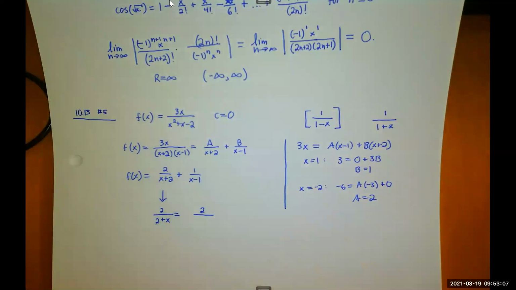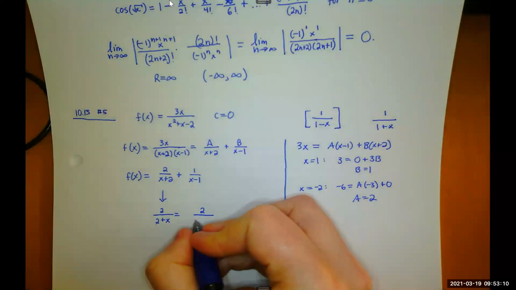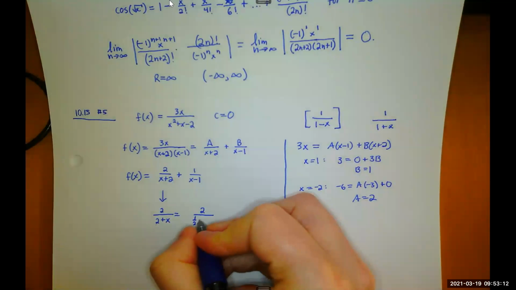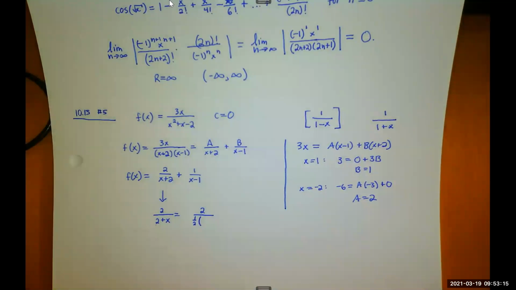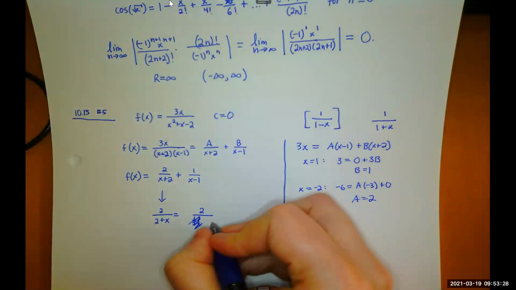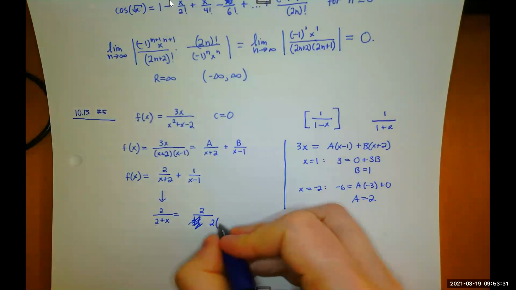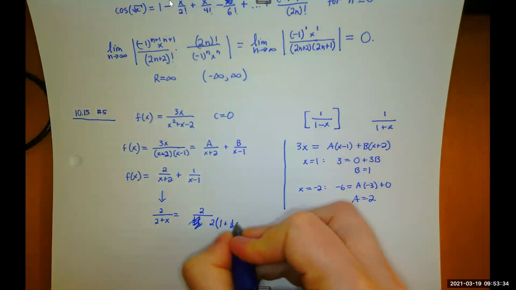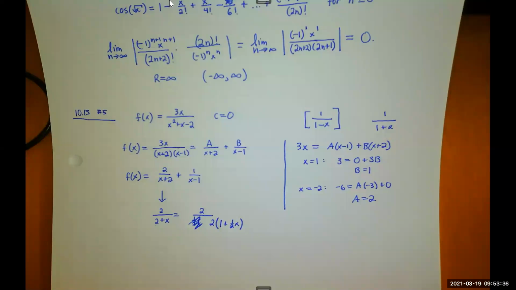Well, I bet if I factored a half out of everything, that would do it. No, that wouldn't do it. If I factored 2 out, that would do it, right? Distribute back 2x. Yup, we're good.